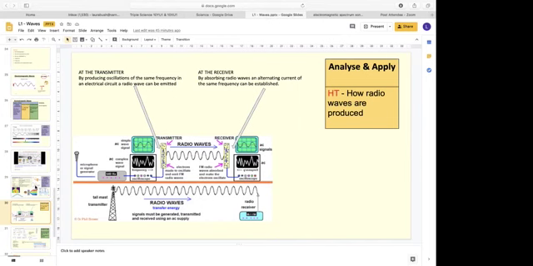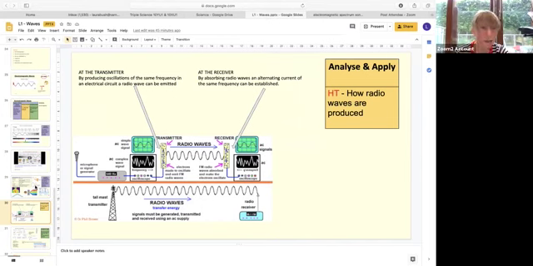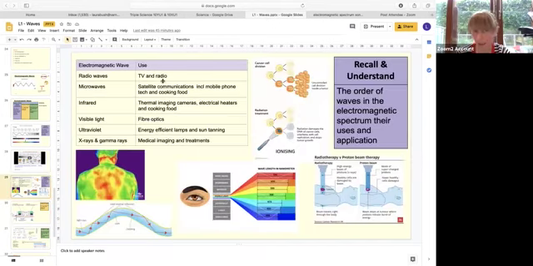Someone asked about uses of radio waves. Uses: TV, not your satellite TV, not Sky or anything like that, but your old school TV, and obviously radio. Those are the two uses of radio waves that we need in the spec.